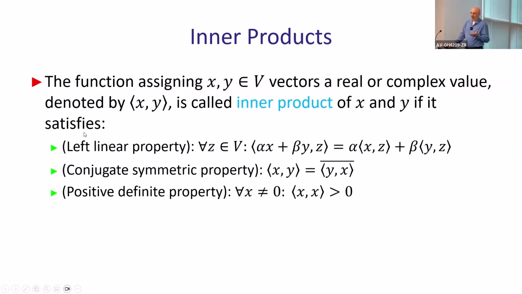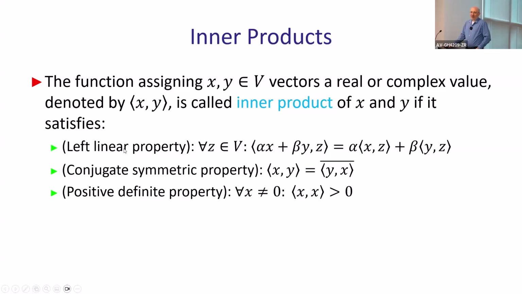This scalar will be called the inner product of x and y, and always think about the dot product. Dot product is a good example of that inner product. It's like x dot y practically, because all of these rules that we are talking about here are x dot y types of rules.